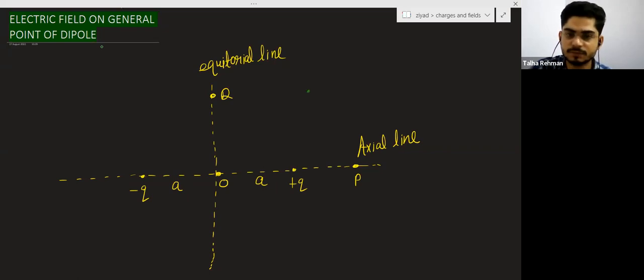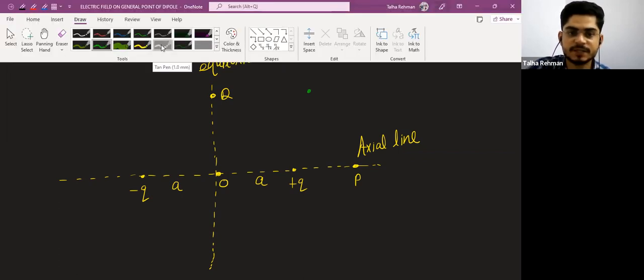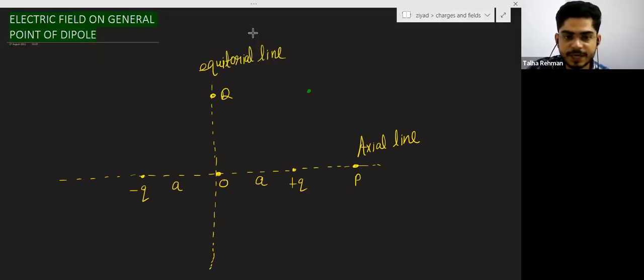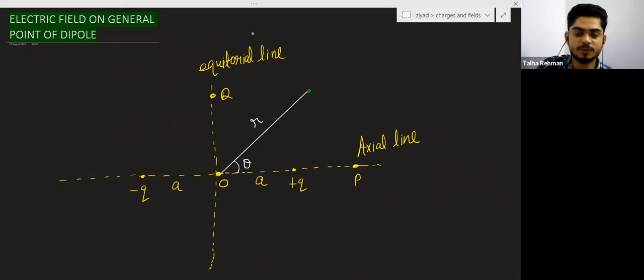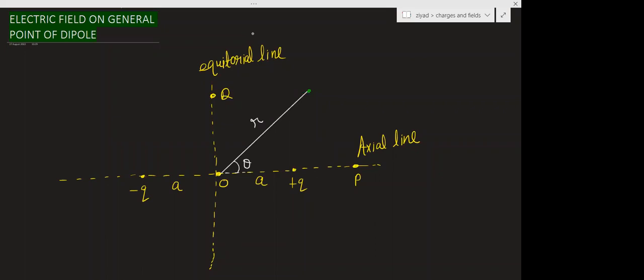I am supposing a point here, and this point is at a distance of r from the center of the dipole, and this line makes an angle theta with the dipole.